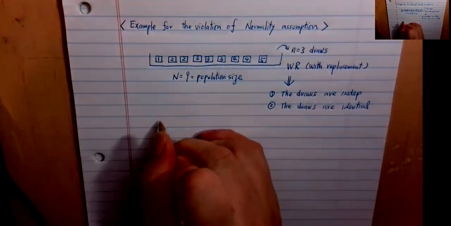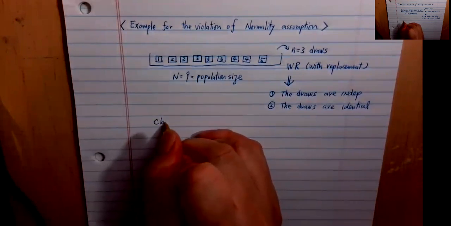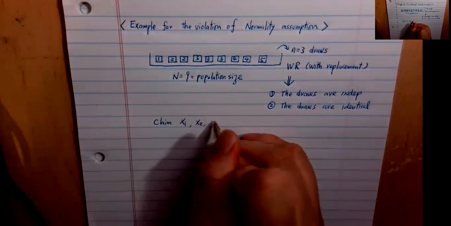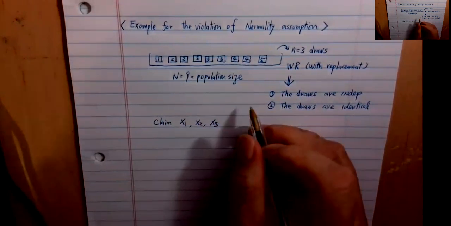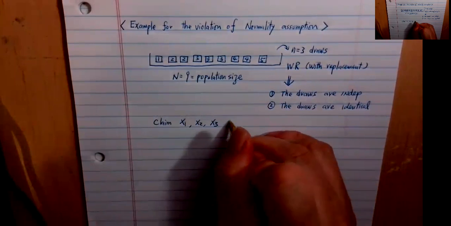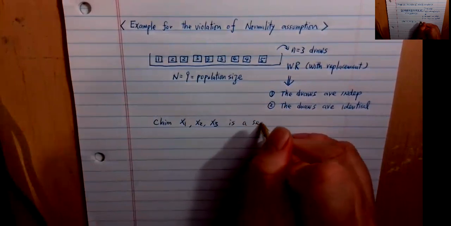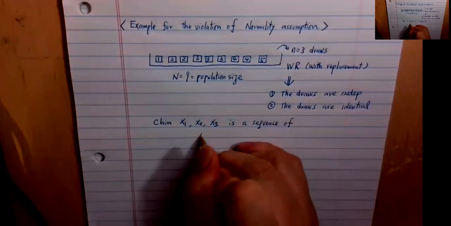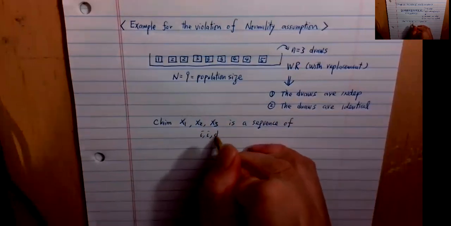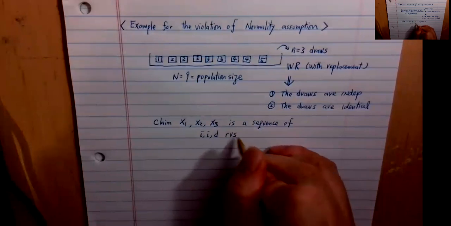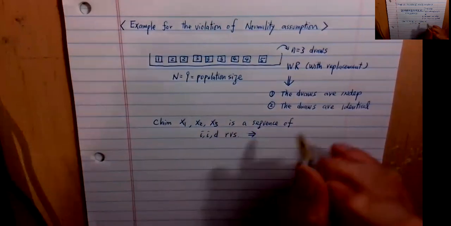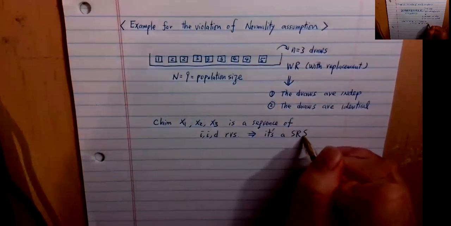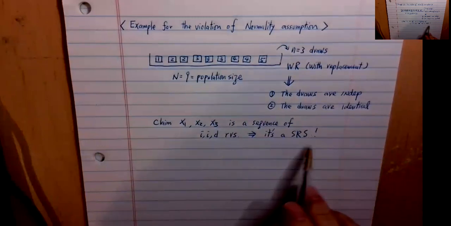Okay, so we can claim X1, X2, X3 is a sequence of IID random variables. So that means it's a simple random sample. So we do have the simple random sample.